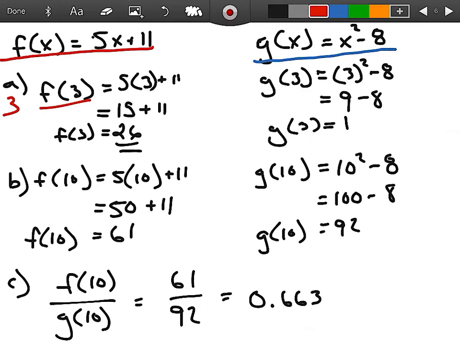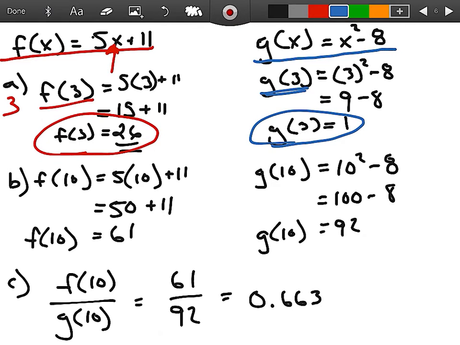So I say f of 3 is 5 times 3 because, again, I'm putting the 3 where the x is, plus 11. You get 15 plus 11. f of 3 is 26. So let's look at what the g is. g of 3 is going to give me 3 squared minus 8, which is going to give me 1. So then f of 3 is greater than g of 3.